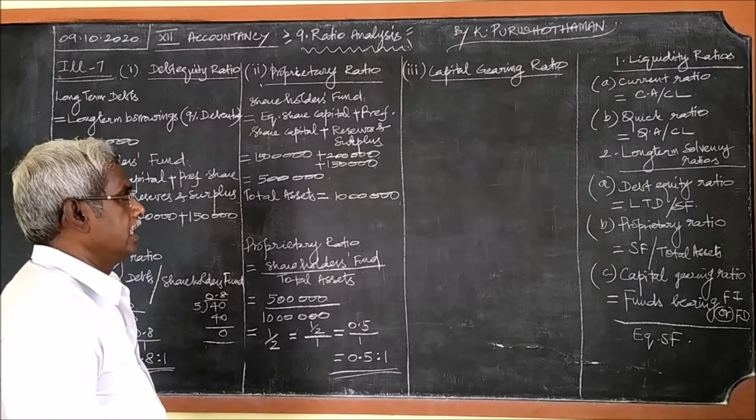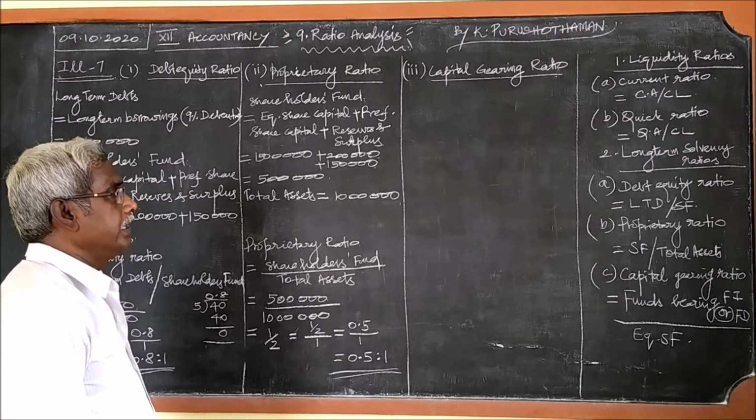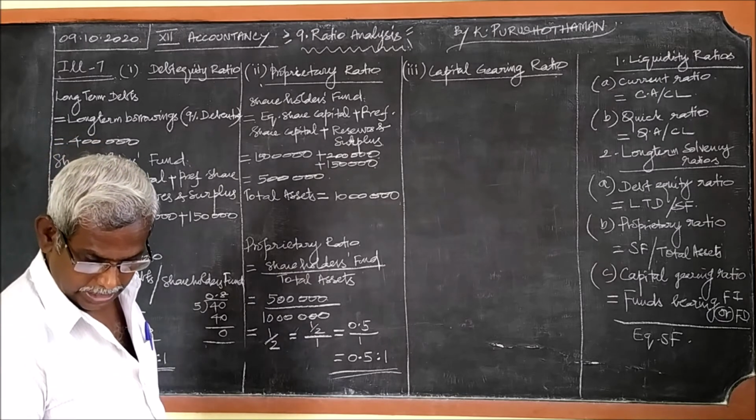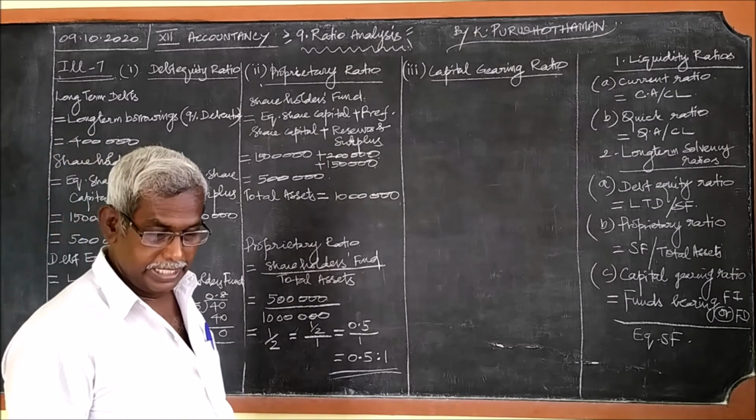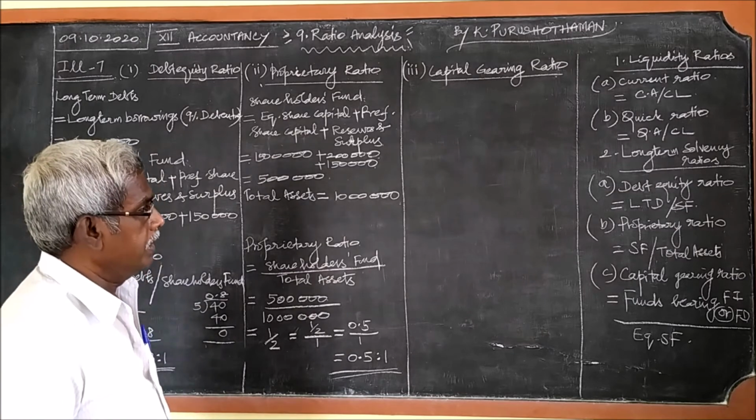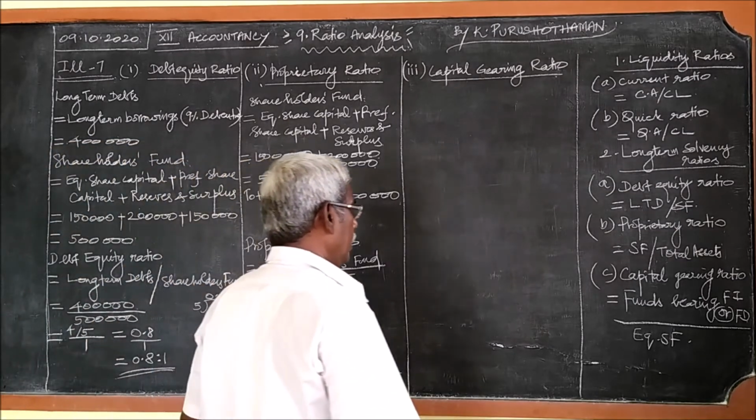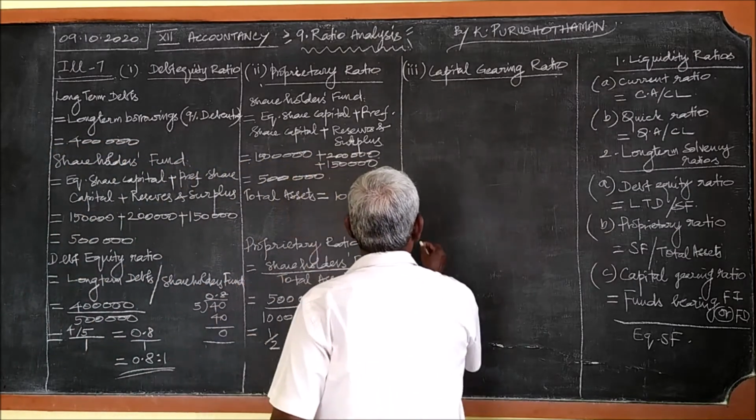The third one is capital gearing ratio. For this, what is the formula? You can write the formula.